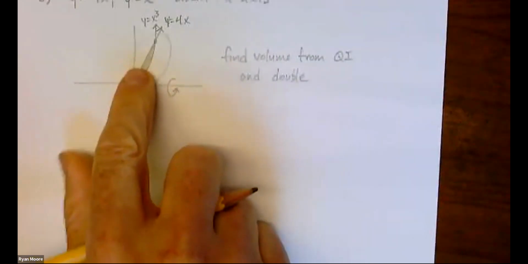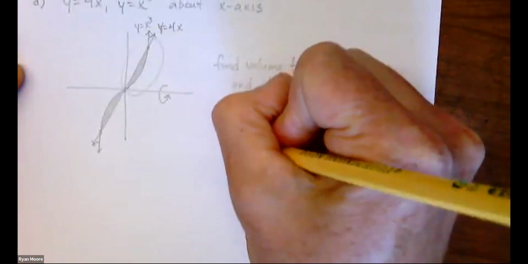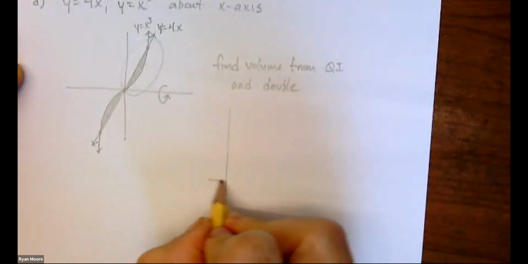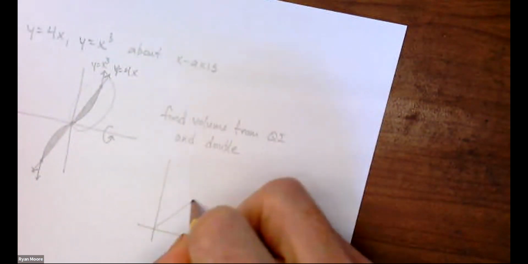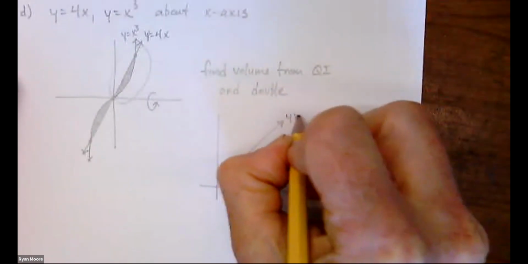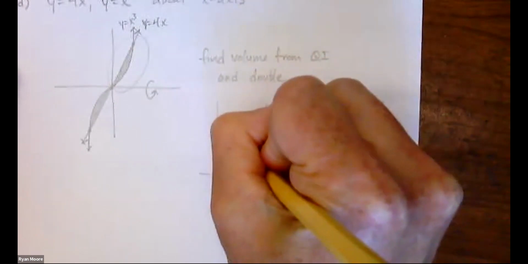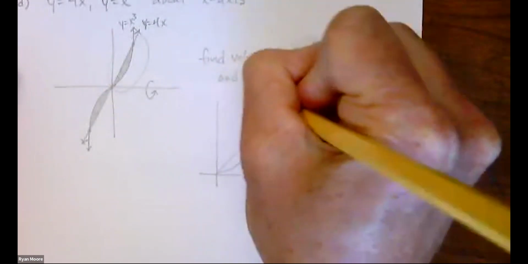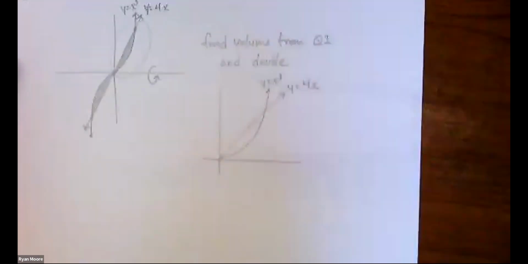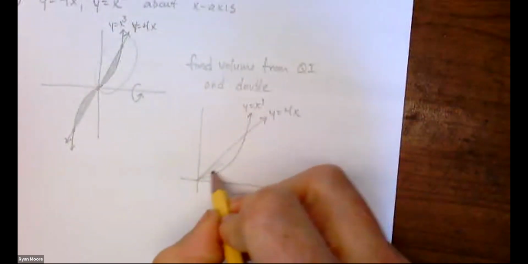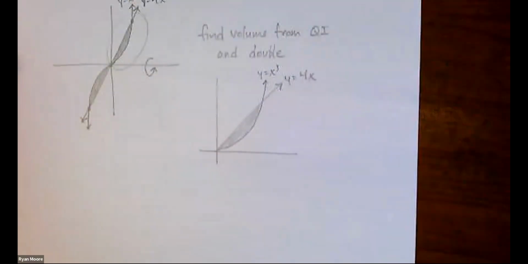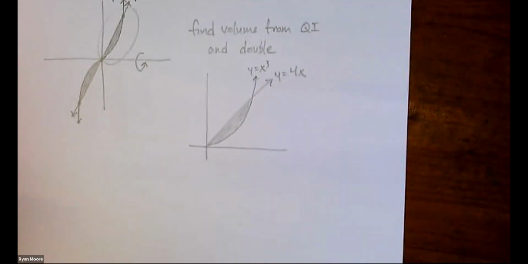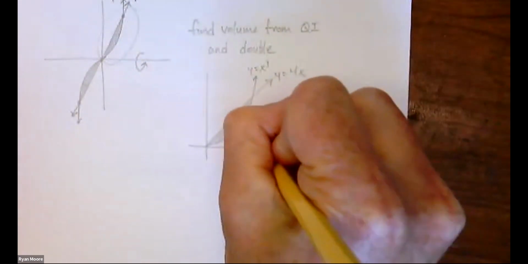Okay, so let me draw just that part again. Make it a little bit easier for us. Here's y equals 4x, something like that. And x cubed, something like this. And here's our region. Okay. So let's think about this, and it's revolved about the x-axis.